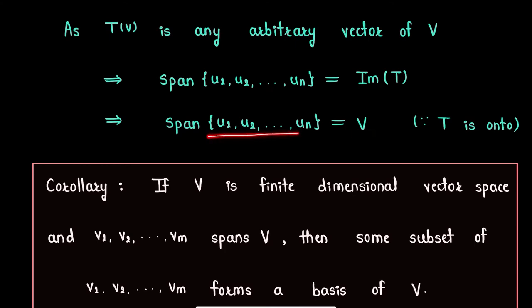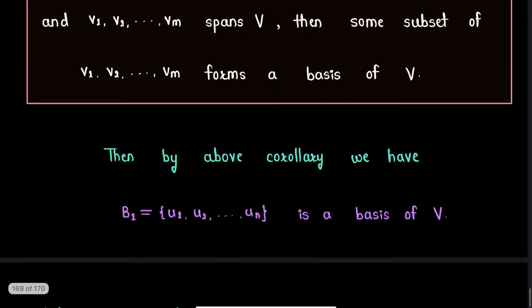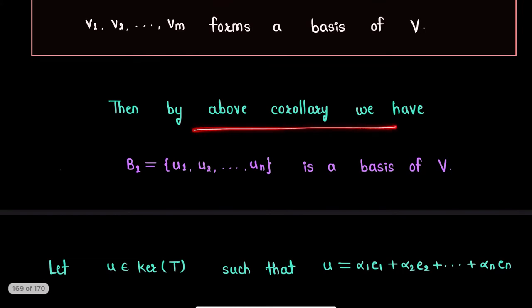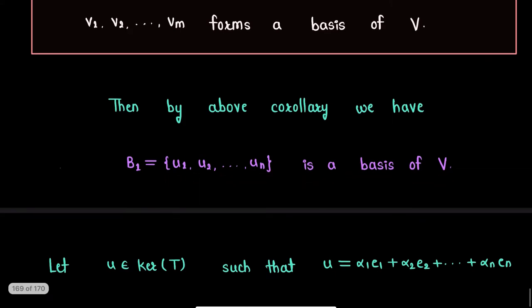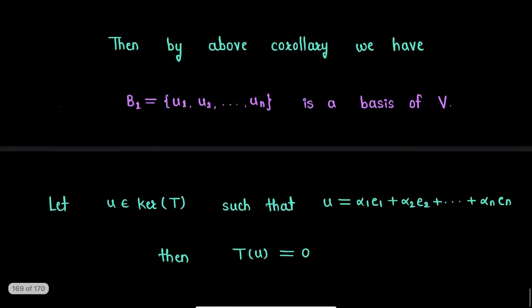Therefore, these n vectors will form a basis of V. So by the above corollary, the set B1 consisting of the n vectors U1, U2, up to Un is a basis of vector space V. That is, B1 spans V and these n vectors are linearly independent.